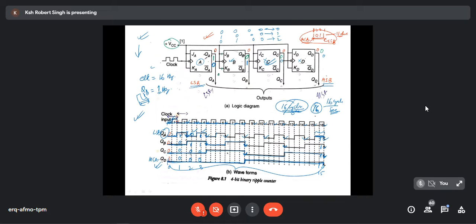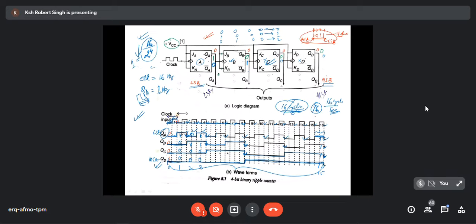That means if you have a clock of 16, you are dividing by 2 to the power 4. From here I can derive one relation. This is an example: if I have 16 cycles, then 16 divided by 2 to the power 4, which is 16, is equal to 1.